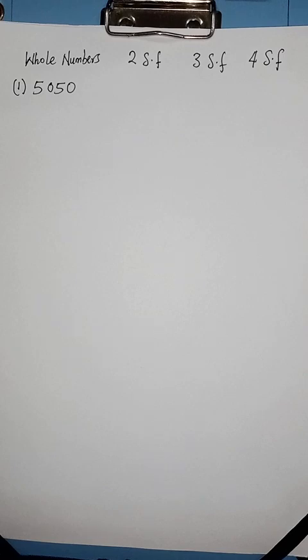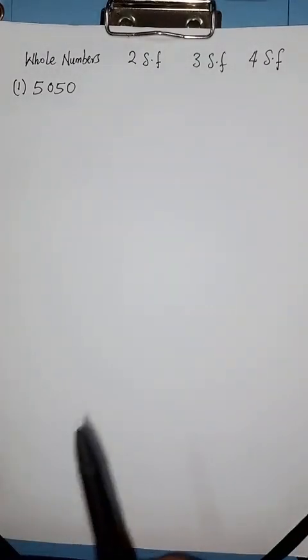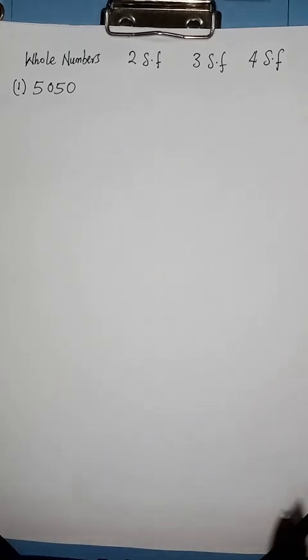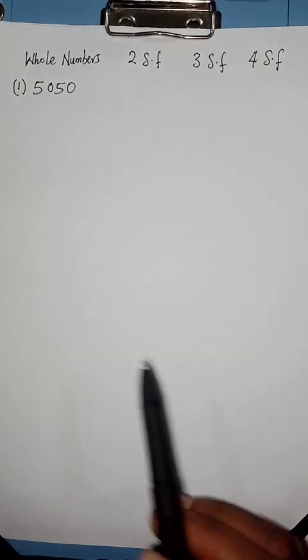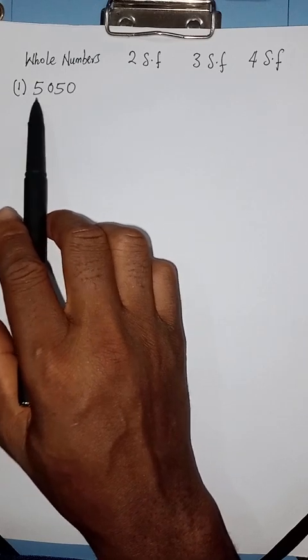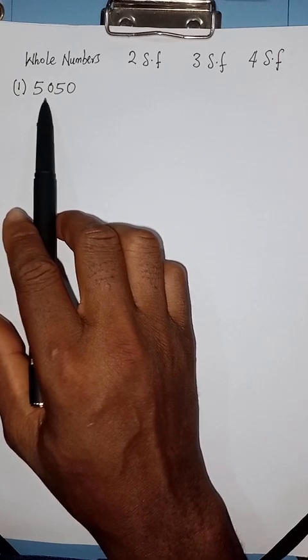The first thing you do is to identify how many significant figures are here. 1, 2, 3. So, since there are three significant figures, and the question says write to two significant figures, my answer will be, these first two are the significant figures here. That's what I'm going to consider and convert every other digit to 0.